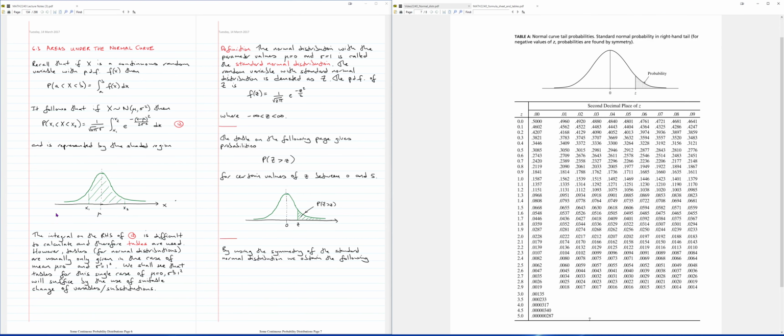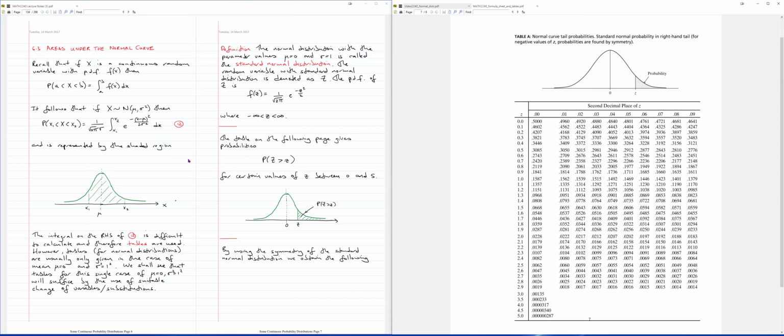So to calculate your probabilities for a normal distribution, you cannot use this formula directly. What we're going to do is use a table. Now, if you look at this, mu could be anything, and sigma could be anything.